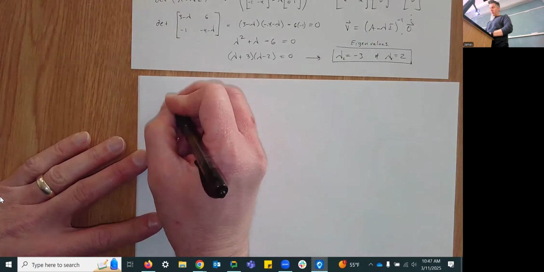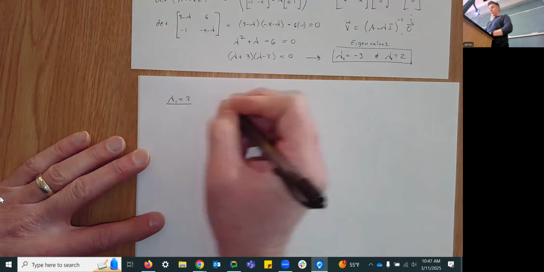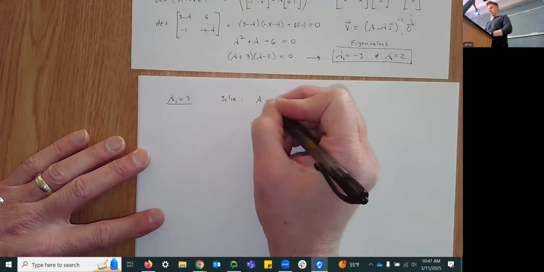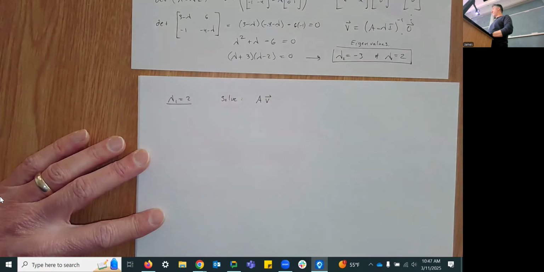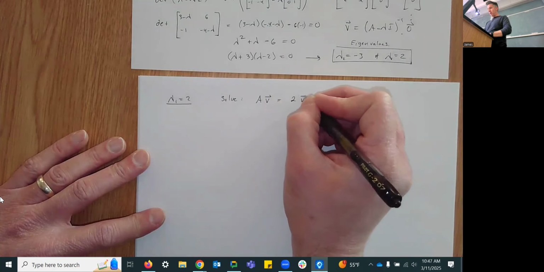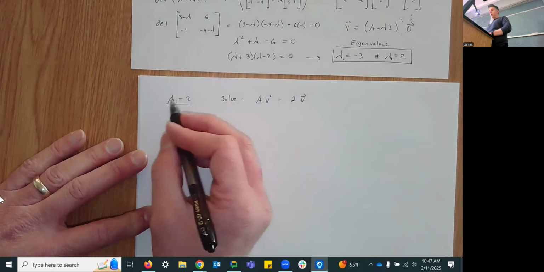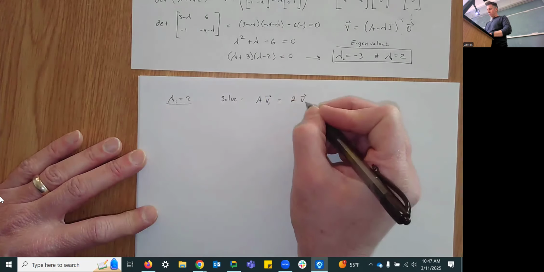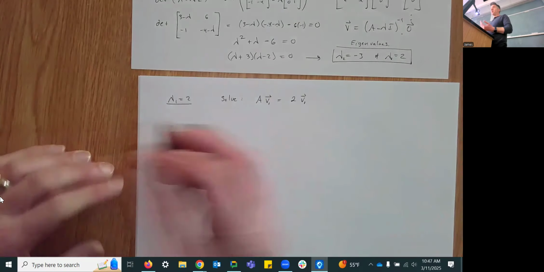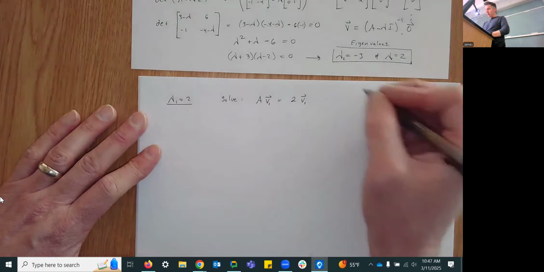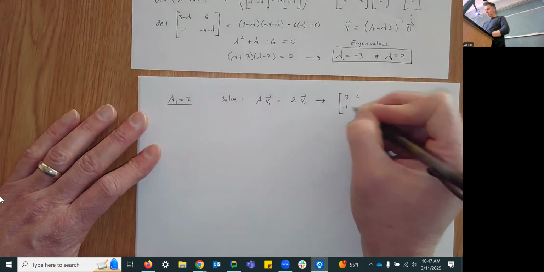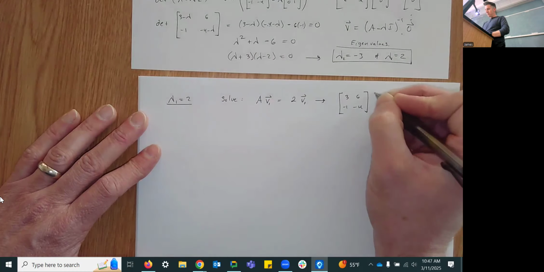So for lambda 1 equal to 2, we're trying to solve A times some unknown eigenvector equal to 2 times that same unknown eigenvector. And since we're calling this lambda 1, let's call this eigenvector V1. Let's write it out. So this is going to look like our matrix A, which is 3, 6, negative 1, negative 4, times the vector.